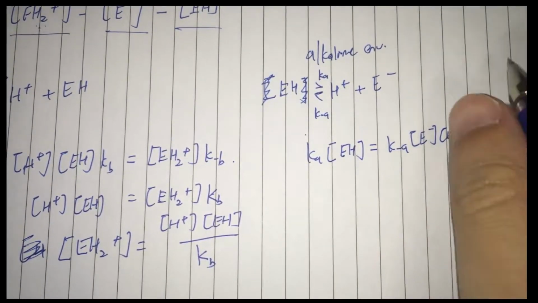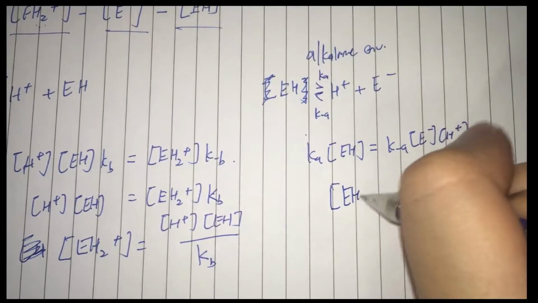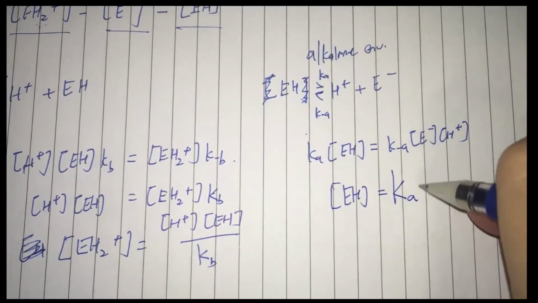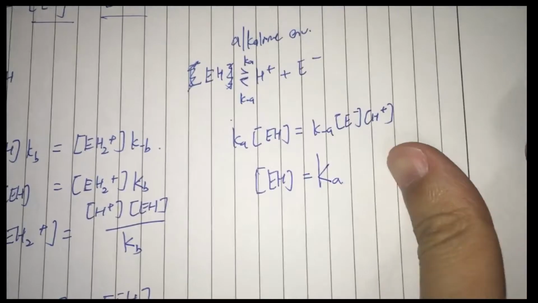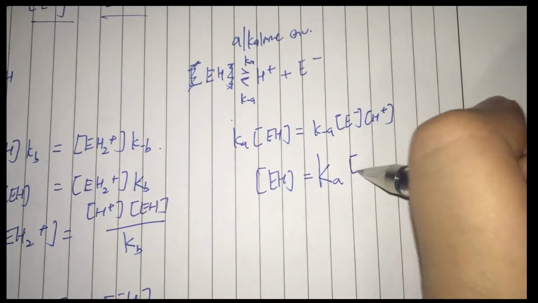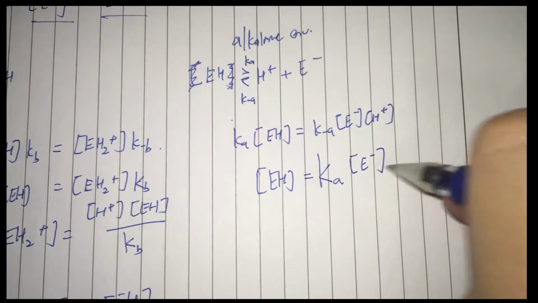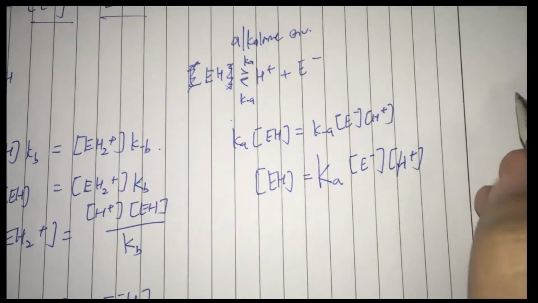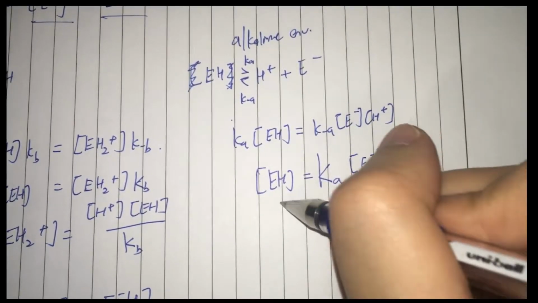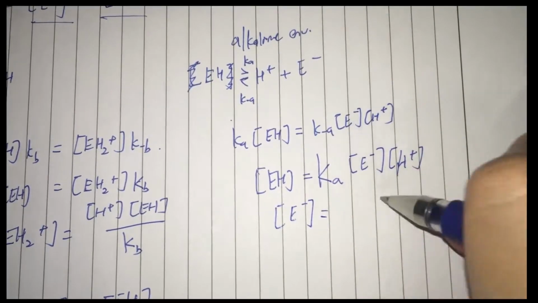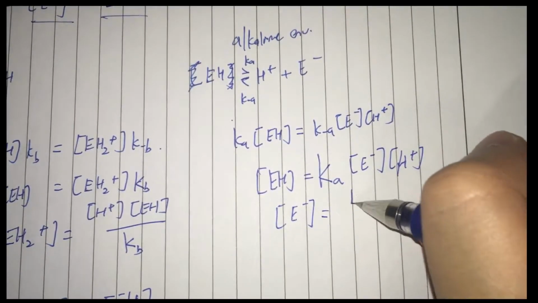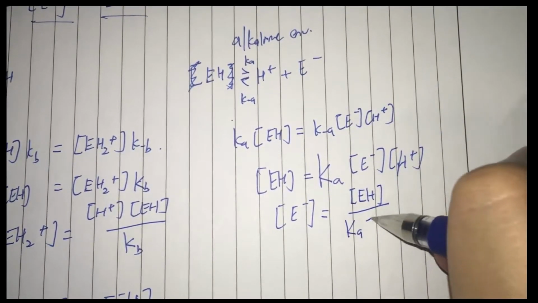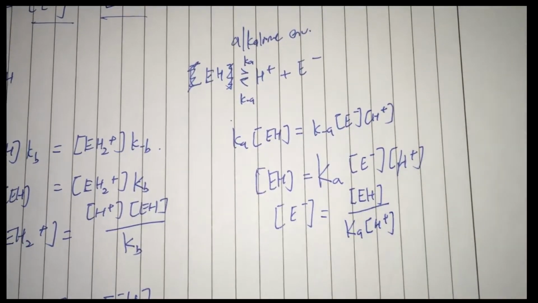So again we'll do our usual business. I'll bring the K minus A and the Ka together as a big Ka. So the minus is on top, the positive sides at the bottom. I'll write the remaining terms down. Then we'll want to make E minus the subject. E minus equals EH over Ka and H plus. There you go.